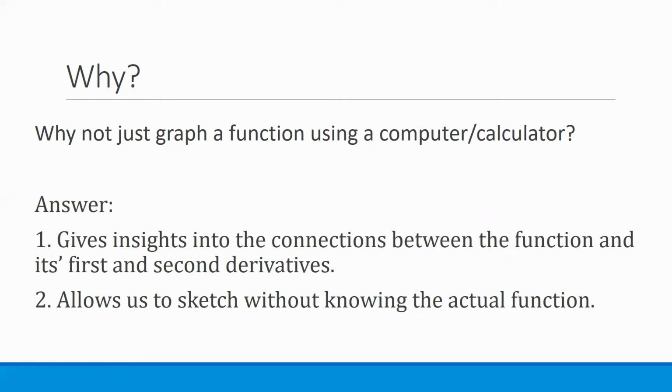So not only are we going to gain insight into what the first and second derivatives are actually telling us, but it also allows us to sketch without knowing the actual function, which is really nice when you're trying to deal with predicting behavior of raw data.